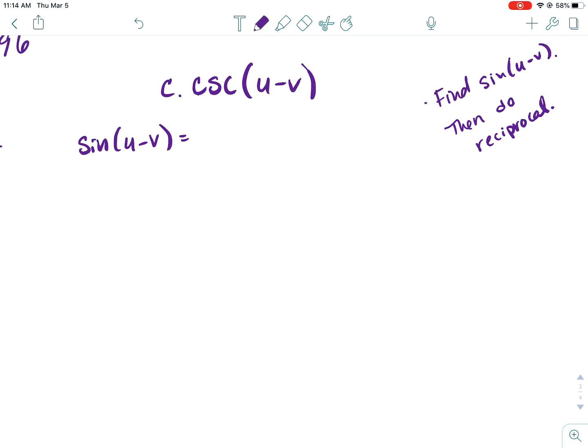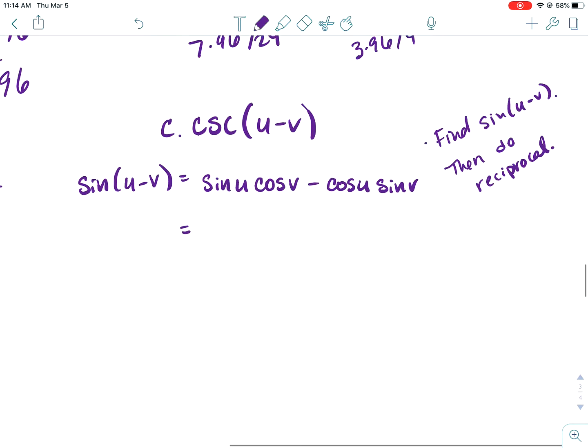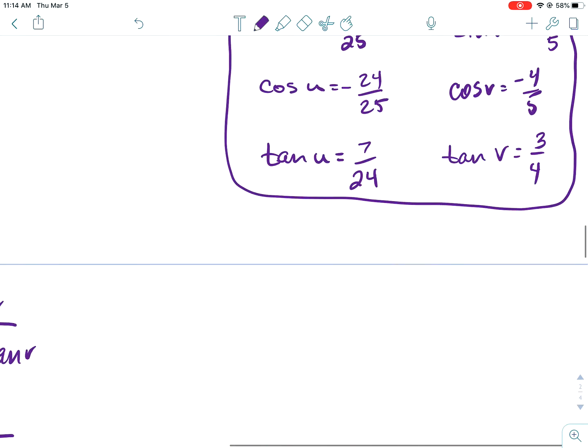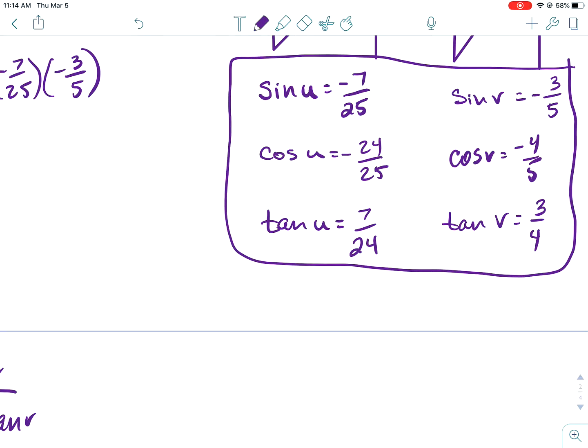All right. So I'm going to write the formula for sine of u minus v. Then I'll go up here and plug in what sine of u, sine of v, cosine of u, cosine of v equal. So you guys go ahead and do that on your own.